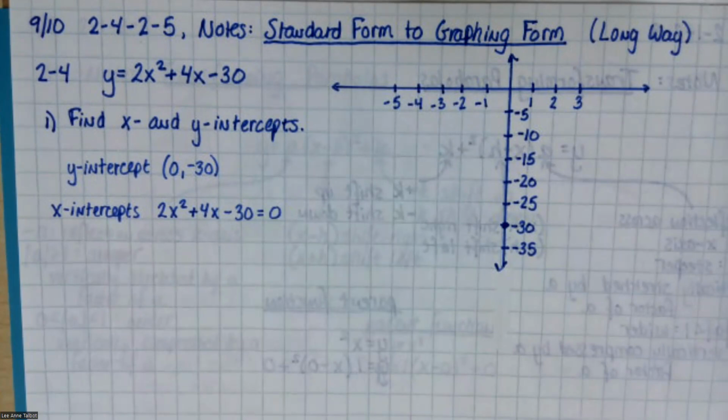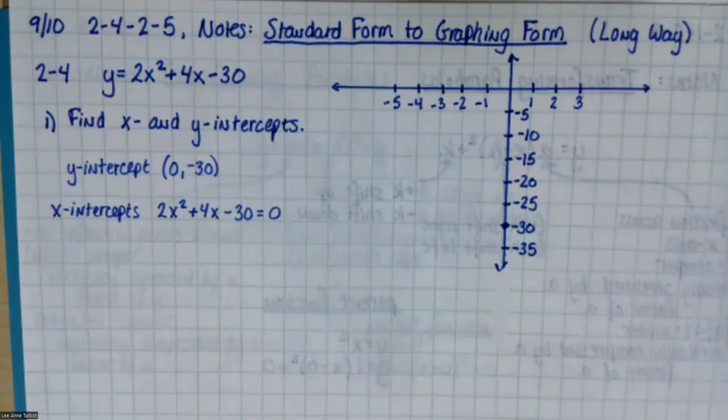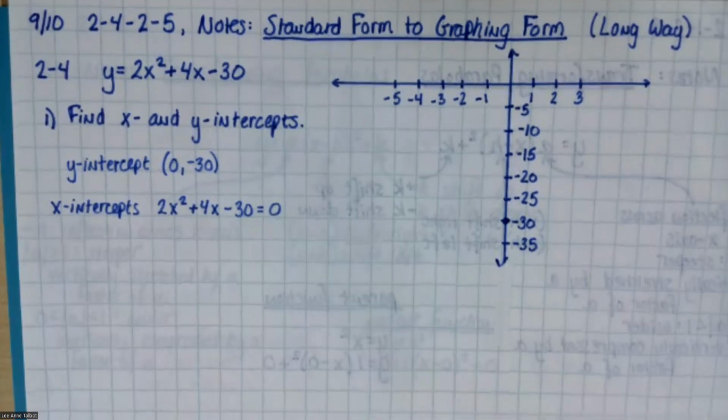How many of this type of problem did we do in chapter 1? Would you describe it as, say, a plethora, a boatload, a large amount, a pile? We did a lot of these. Okay, so anybody see anything about this particular problem that needs to be addressed?